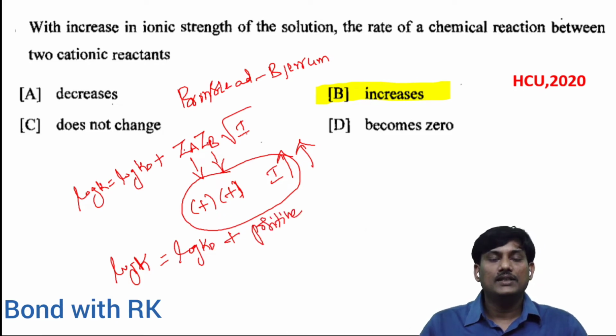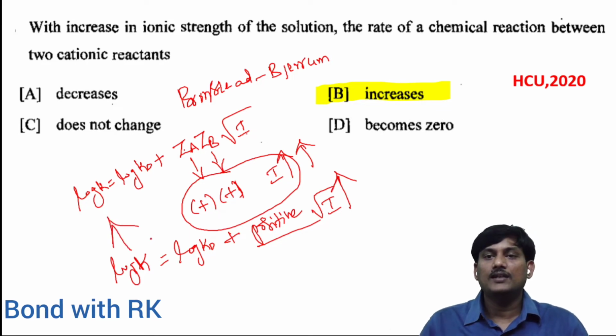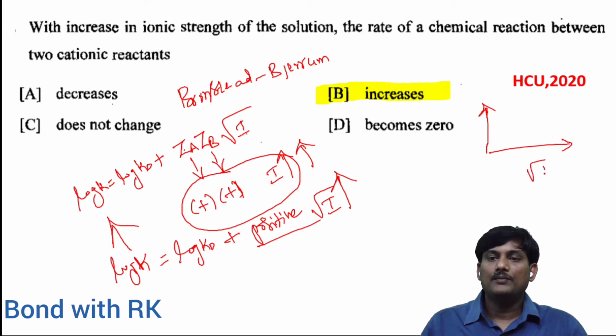Since ZA is positive and ZB is positive, there is a positive term into root I. Root I is positive. So when there is an increase in root I, there is an increase in log K, that is, the rate constant. Okay, this is the graph between root I and log K by K naught.